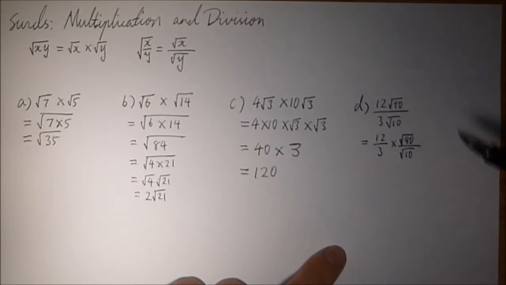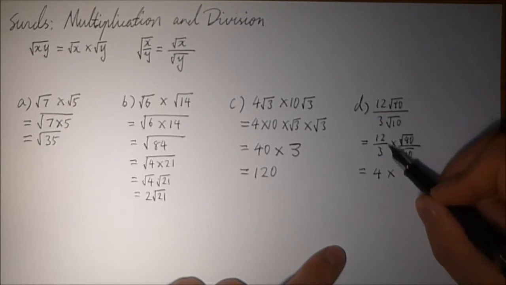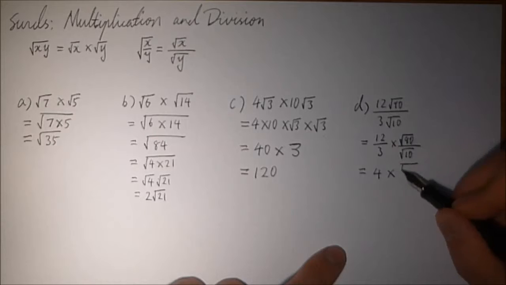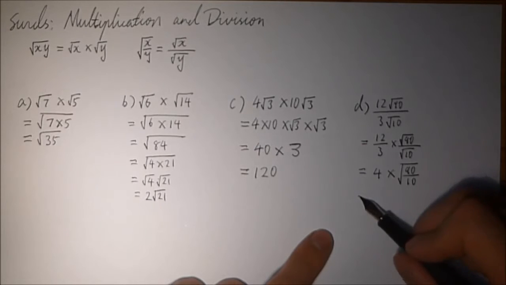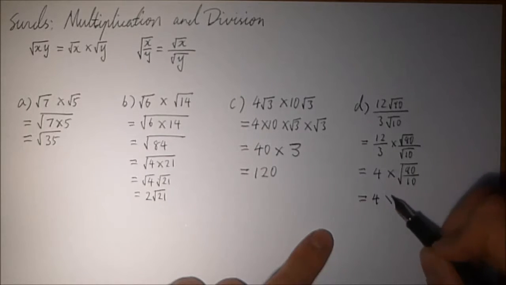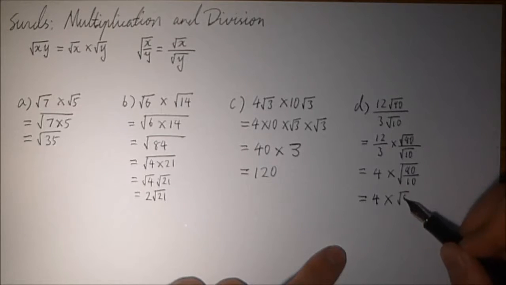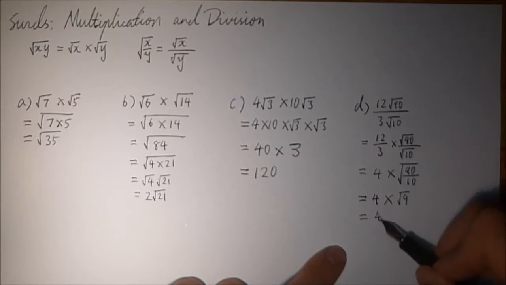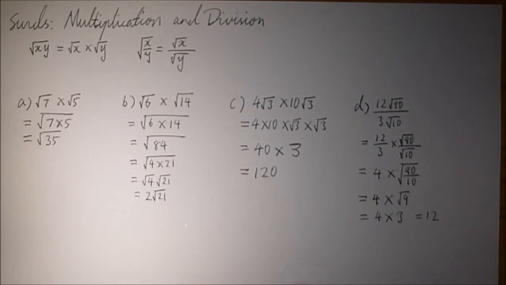If you look at this rule here, obviously 12 divided by 3 is 4. We have 90 divided by 10 here, just according to that rule, which means we have 4 times square root of 90 divided by 10, which is 9. So we'll end up with 4 times 3, and that gives us 12.